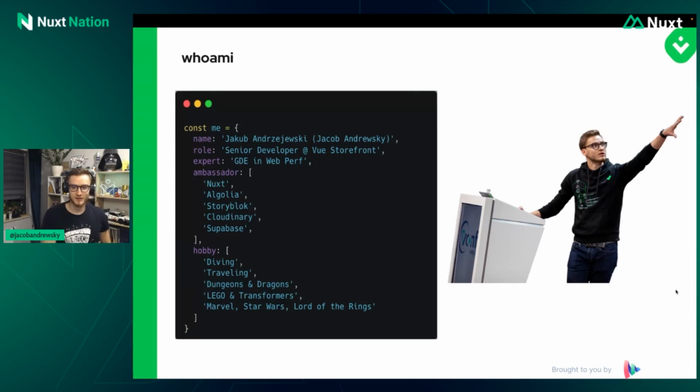I like Dungeons and Dragons, Lego, Transformers, and obviously Marvel, Star Wars, and Lord of the Rings. So if you'd like to talk to me about any of these topics, you can find me on Twitter or X at Jakub Andrzejewski. I'm always happy to talk about any of them, either related to the hobbies or open source or development in general.